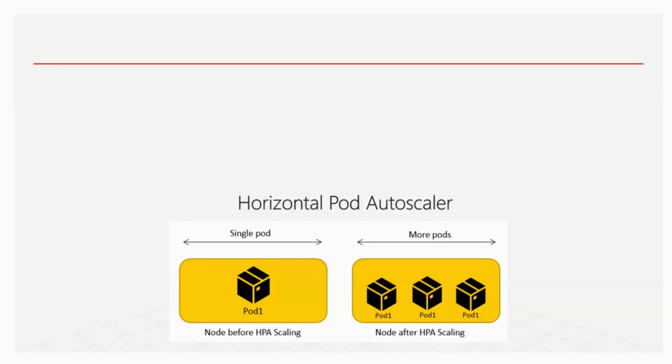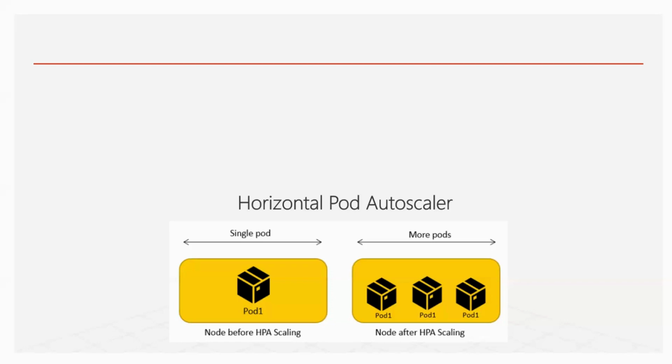So what is the Horizontal Pod Autoscaler? You can see in the name itself, it scales the pods horizontally, right? In the diagram, there is a single pod before HPA autoscaling, and after we enable the HPA, you can see the pods increase to more than one.